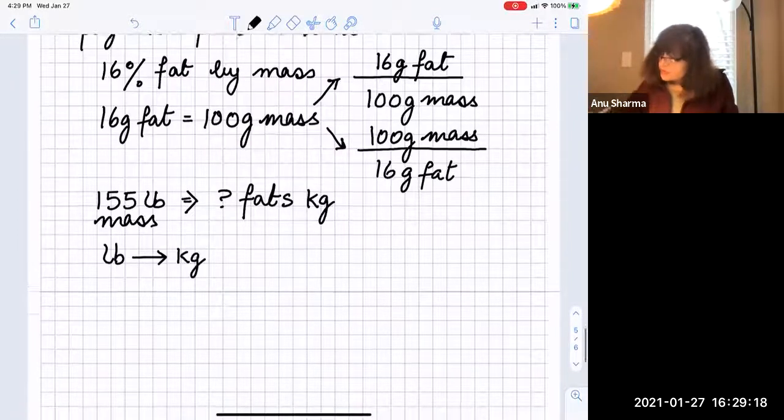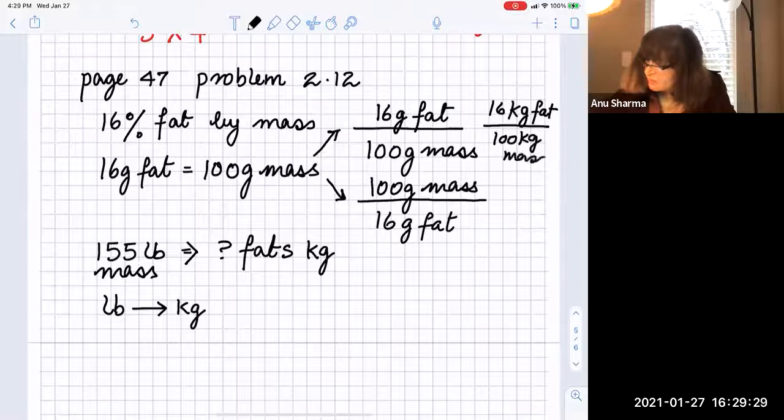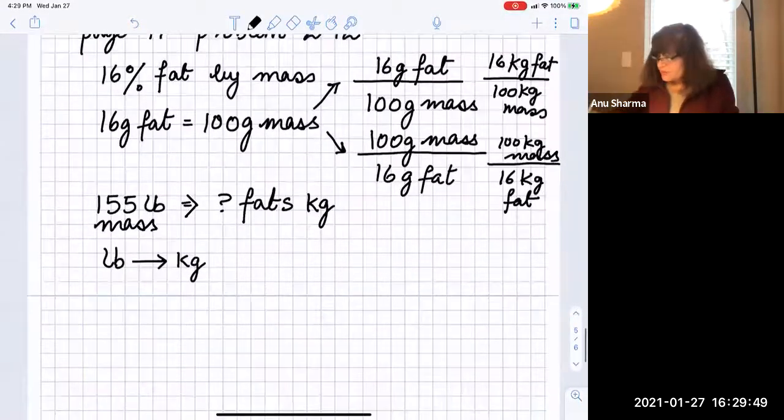So this also means that 16 kilograms of fat over 100 kilograms of the body mass, or 100 kilograms of the body mass over 16 kilograms of fat. That is how it works with percentages.